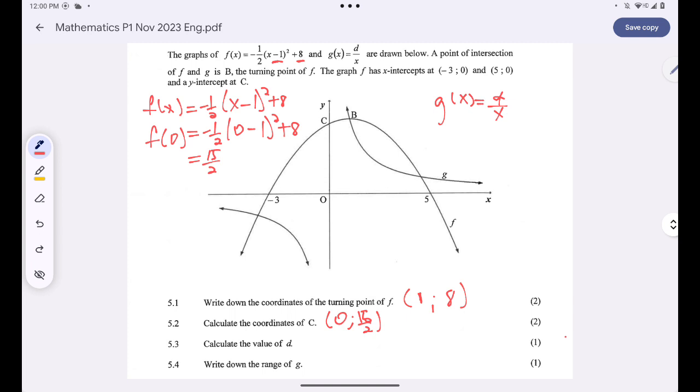Because my graph is in the first and third quadrant of my asymptotes. Are we together? So if I find a negative value of d, it simply means there's something wrong I did here. I know that y is 8, and that is true if and only if x is 1. So therefore the value of d is just equal to 8.